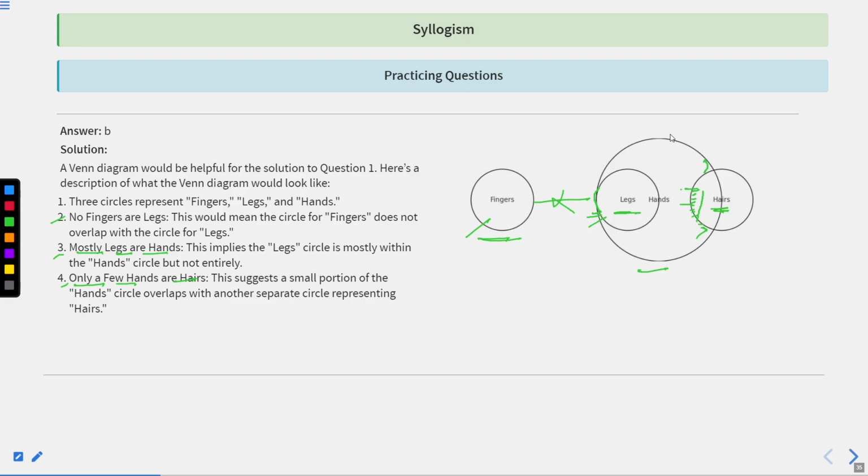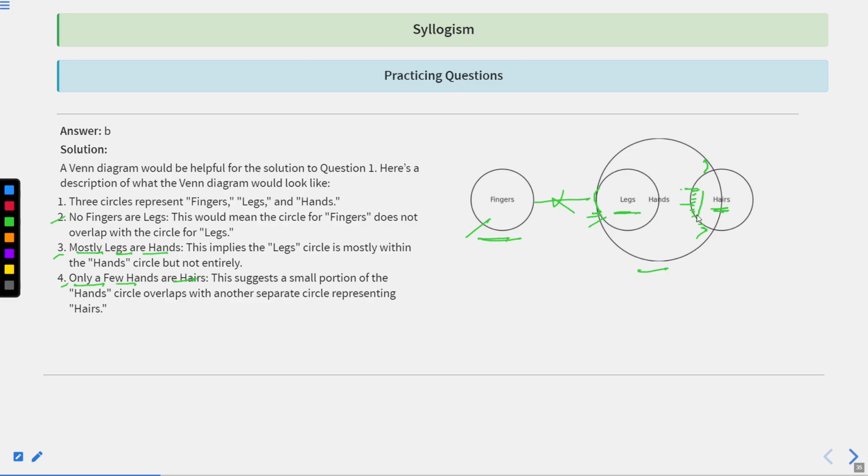Now the third inference came, that only a few hands are hairs. Now, only a few hands are hairs, so it is saying that hands and hairs have a small linkage, so that is why there has been an intersection.